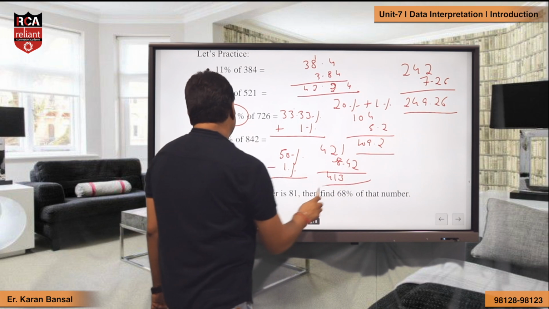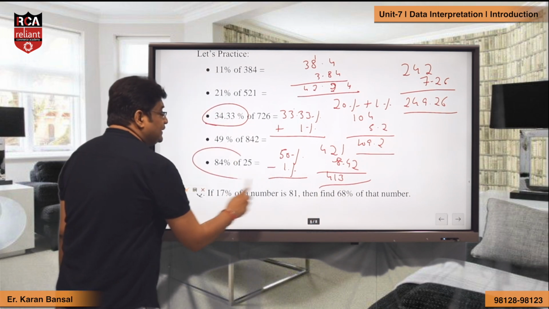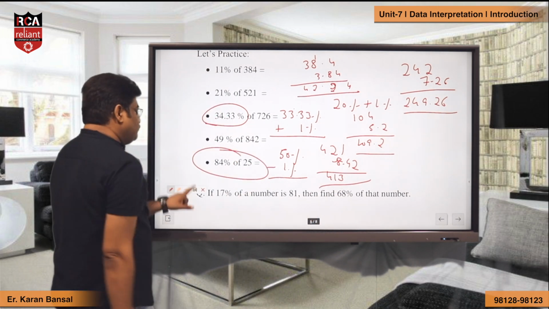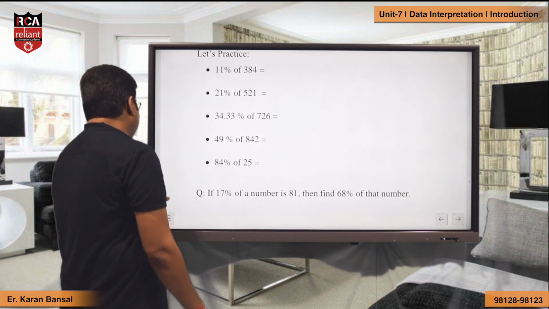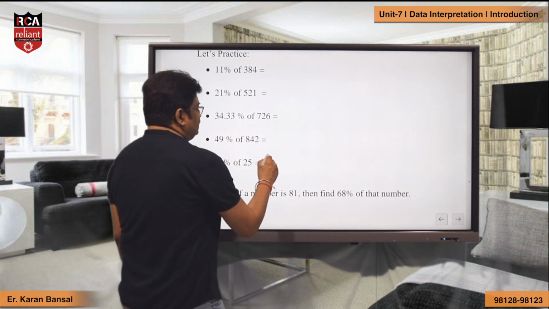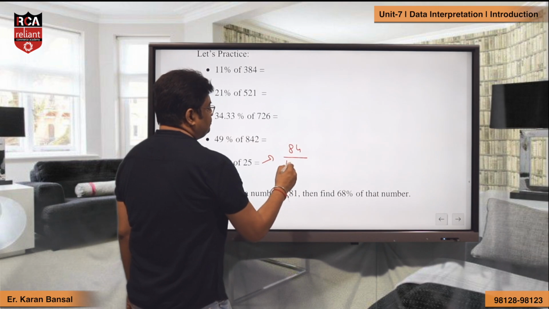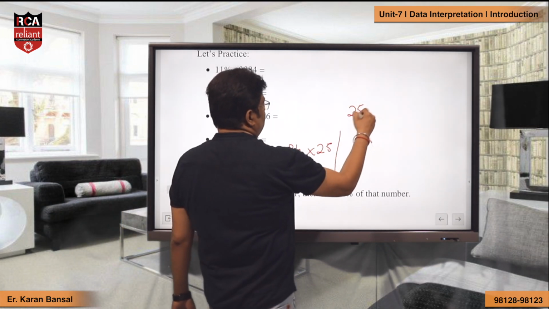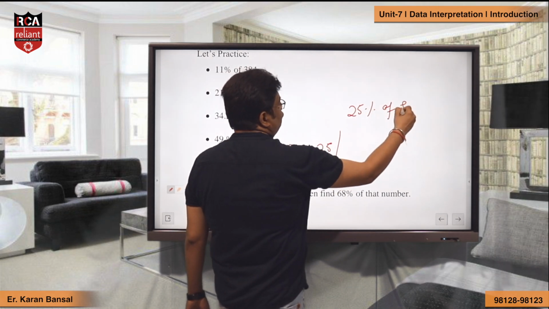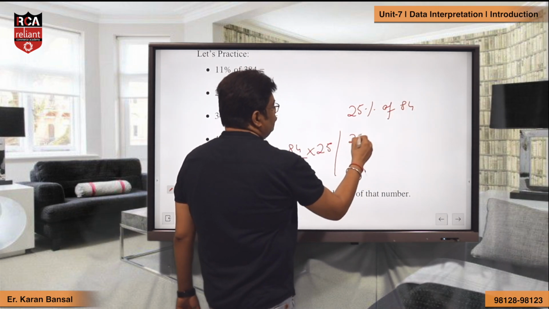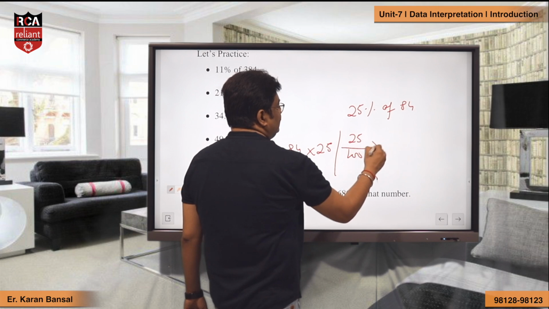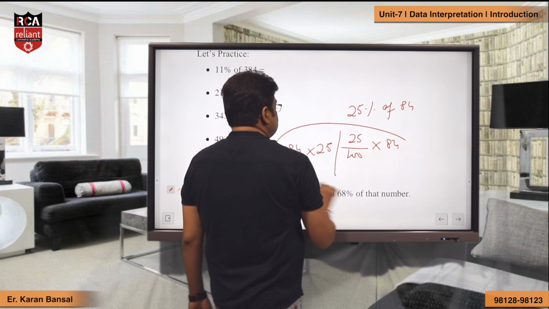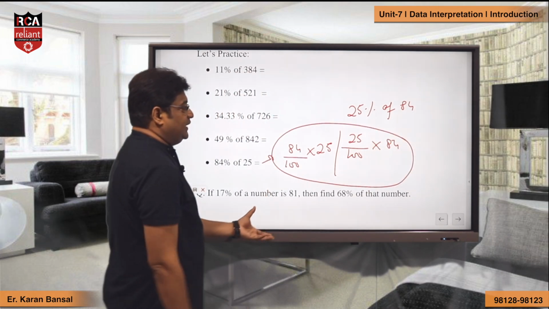84% of 25, another very tricky and interesting question. Guys, if you see carefully, whenever you solve this question you will do this. But let's say the question would have been 25% of 84. You would have done 25 by 100 into 84. If you look at these two, I don't see a difference here.